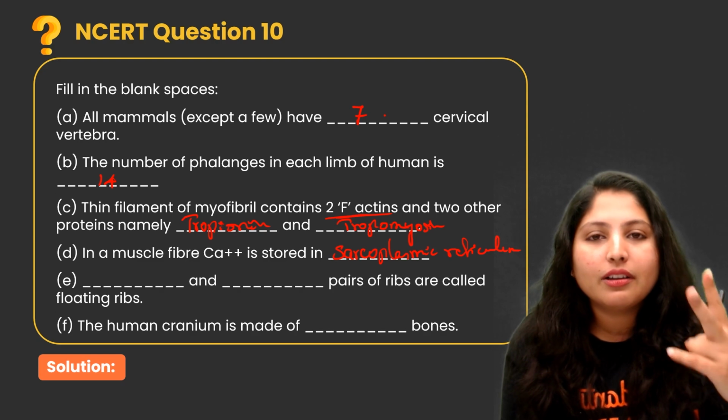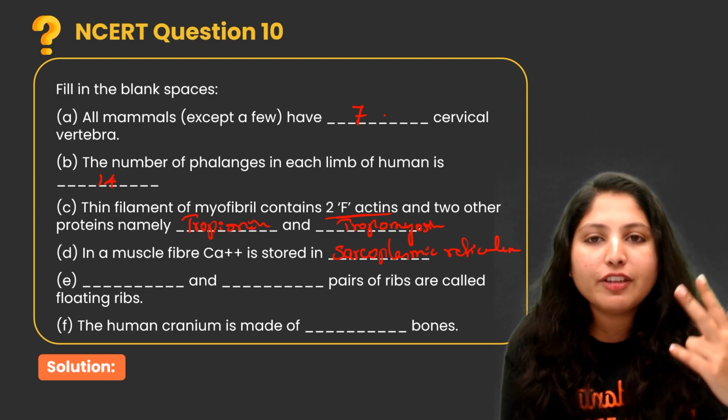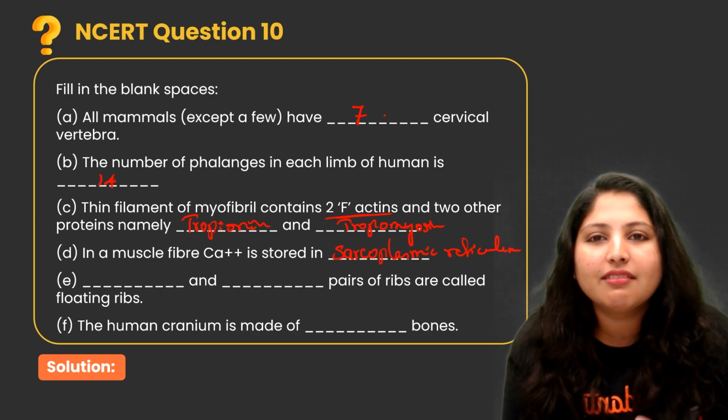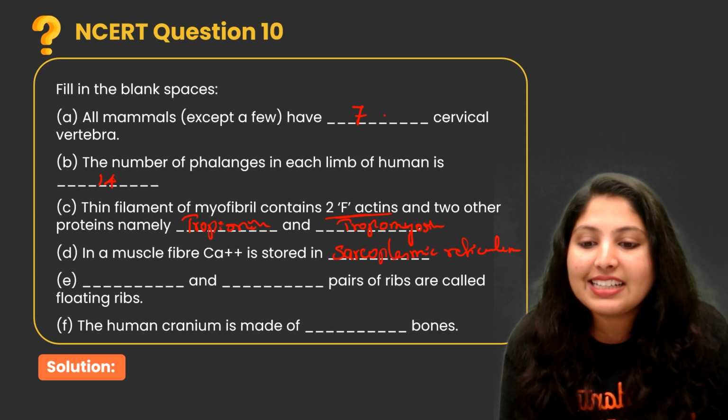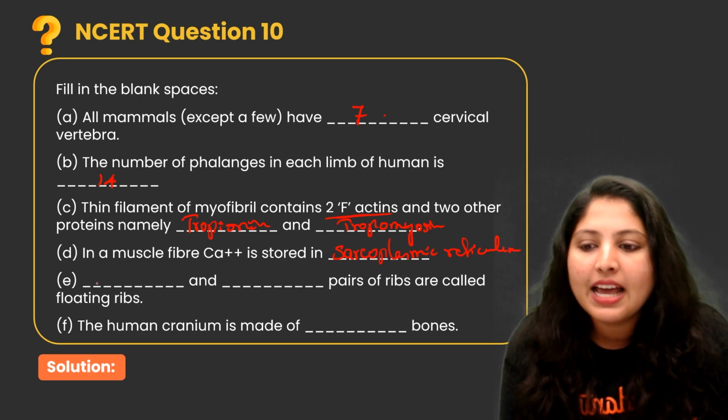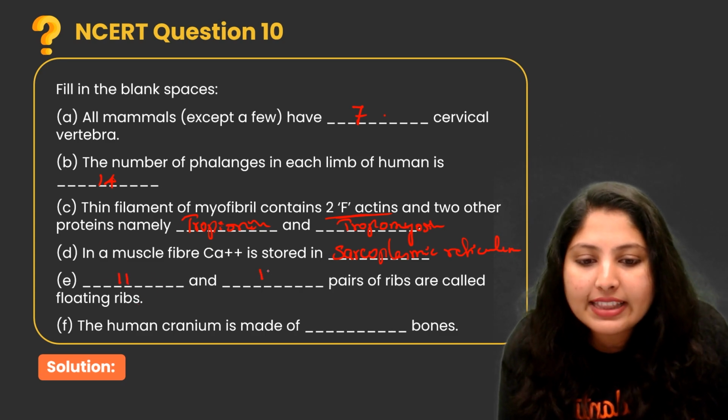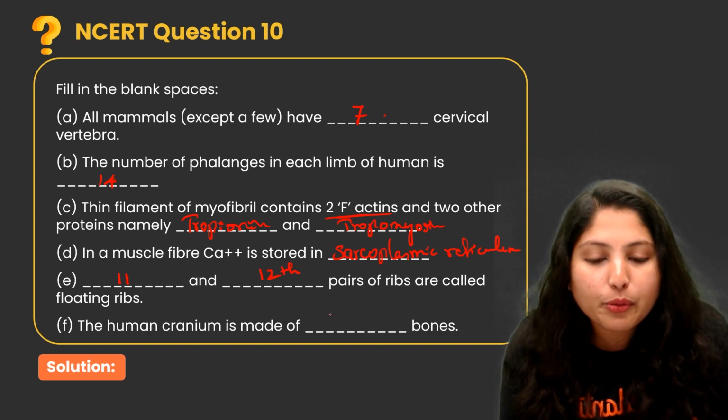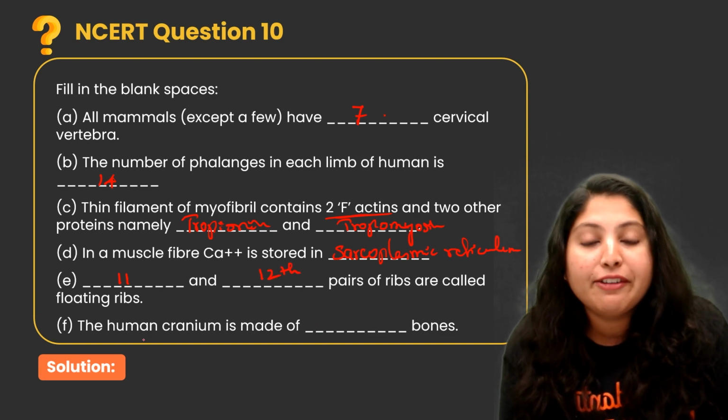But two ribs do not attach to the sternum. Those are known as floating ribs. So the 11th and 12th pairs of ribs are known as floating ribs.